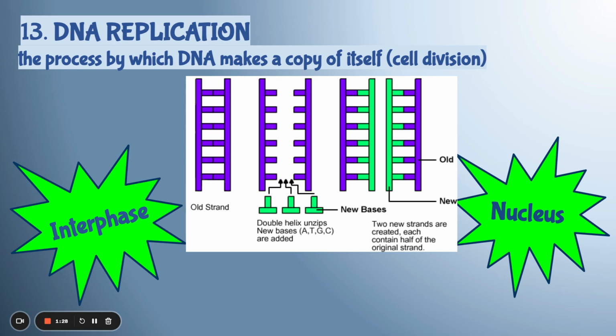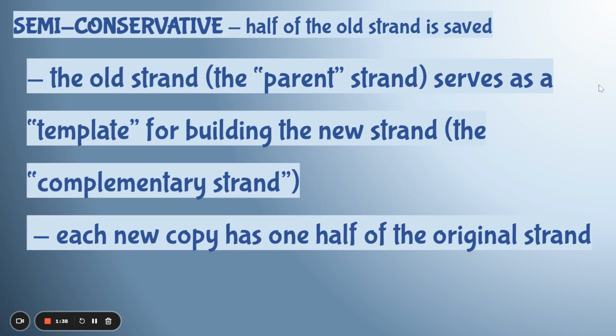So we're going to look at how easy DNA replication is on paper. Very super easy. All you have to do is remember your base pairs. That's it. DNA replication is considered semi-conservative.